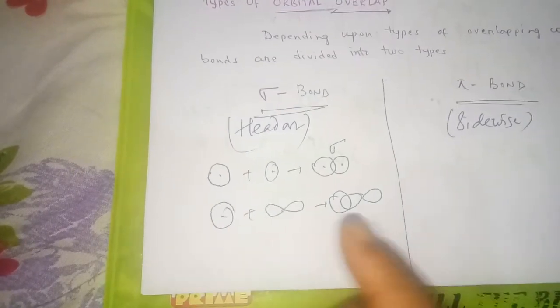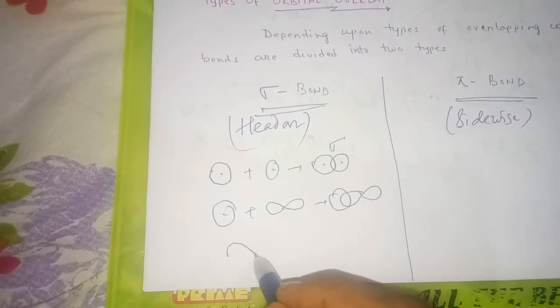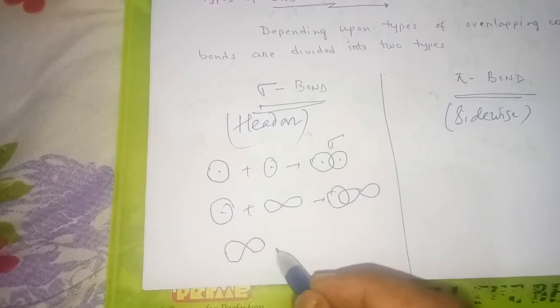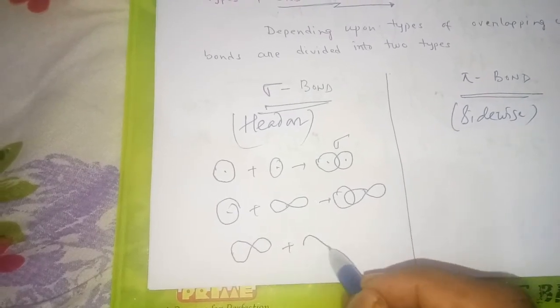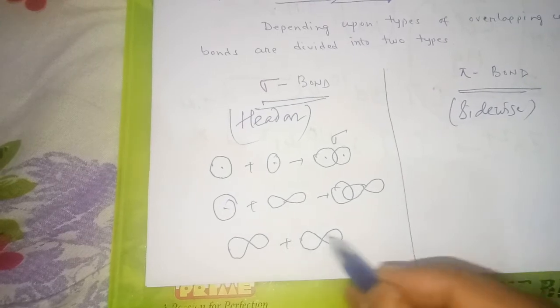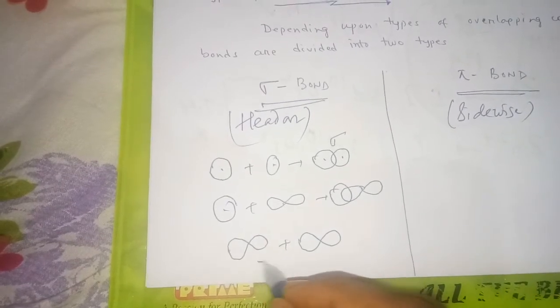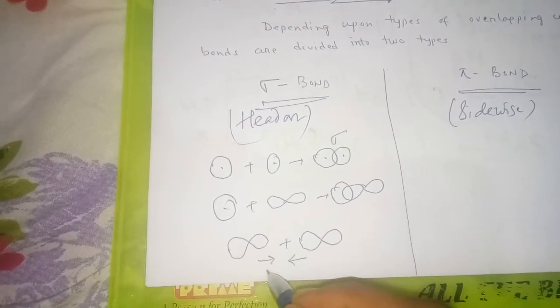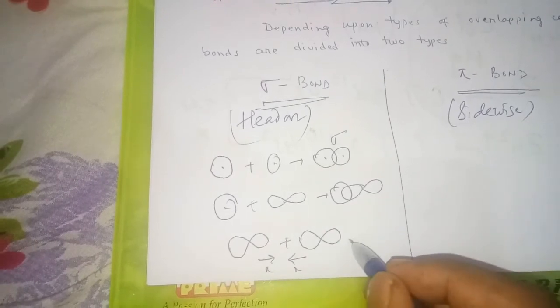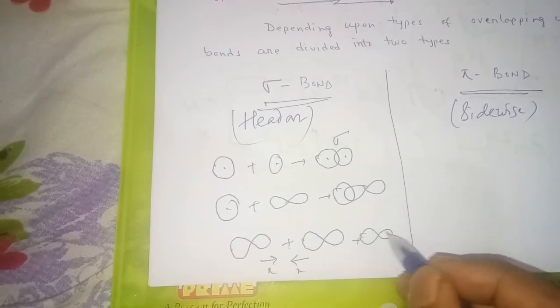Now an important point is that if two p orbitals come together along the x-axis and x-axis, they form a sigma bond.